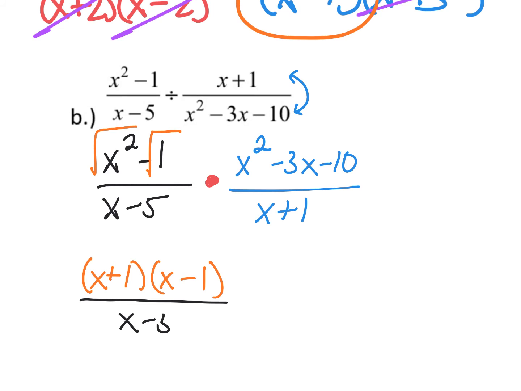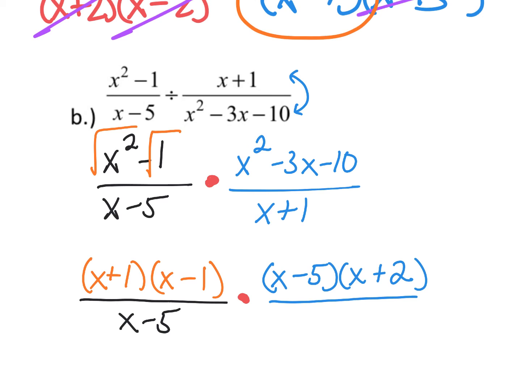No, it does not. x squared minus 3x minus 10. Things that multiply to give me x squared would be x times x. Things that multiply to negative 10 that add to negative 3. Go ahead, Seamus. 5 or negative 5 and 2. Yeah. And then x plus 1 also does not factor.